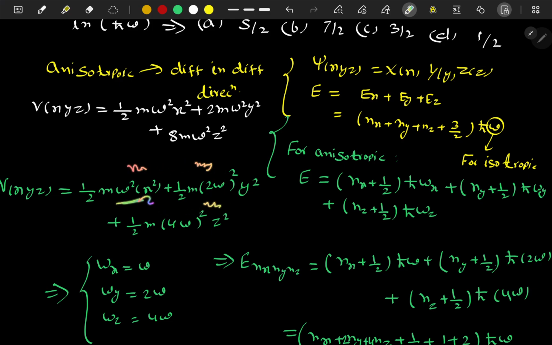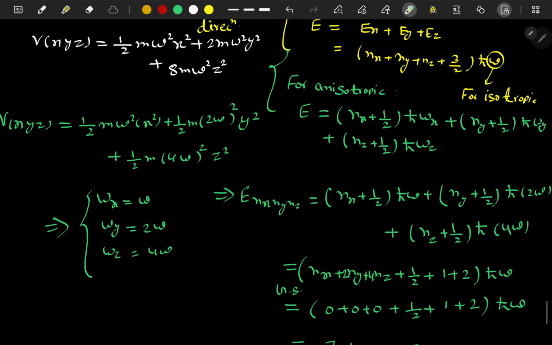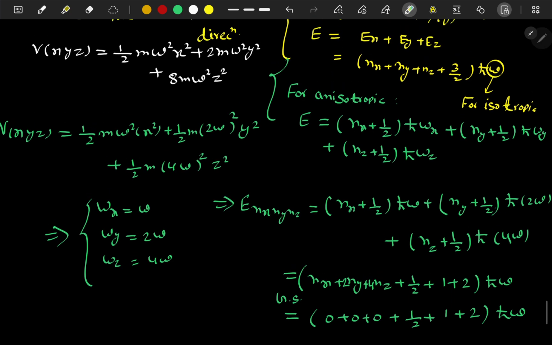Here the y term can be written as half m 2 omega square y square. Why is it so? Because we want to calculate omega x, omega y, and omega z. So try to manipulate this form into that form.